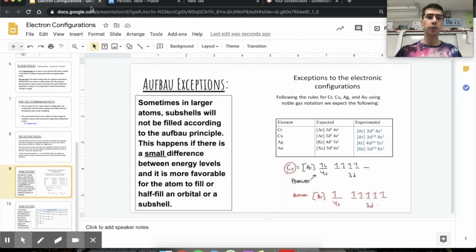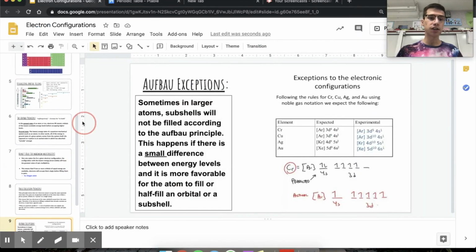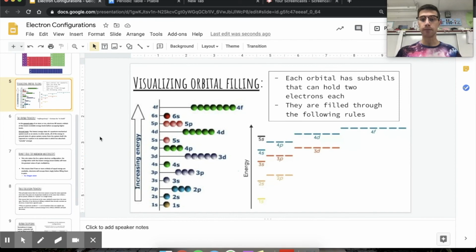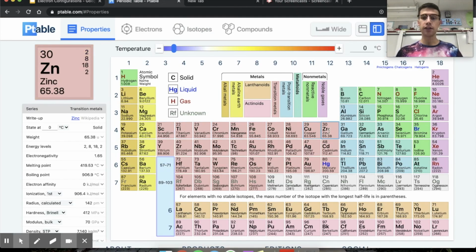However, the way that we categorize it, again, based on the energy distribution, 3D actually comes first. So just in terms of how we annotate that, the first energy level in the D block is energy level 3, okay? Now, I know that's kind of confusing, but again, those numbers come from the quantum mechanic calculation.